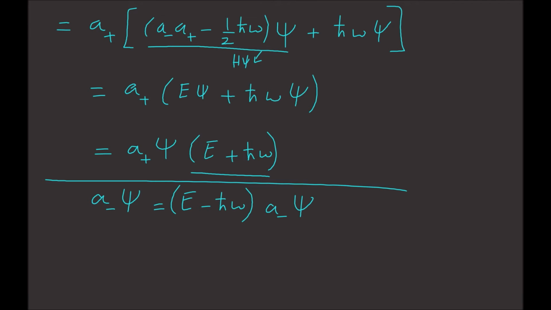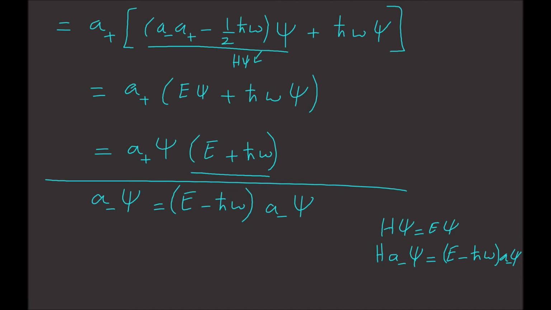Cool. So now there must be a limit. Like you see, here we're decreasing the energy, because if you remember, the Hamiltonian times psi equals E times psi. If we operate A minus on this, we're gonna keep decreasing the energy by h bar omega times A minus psi.